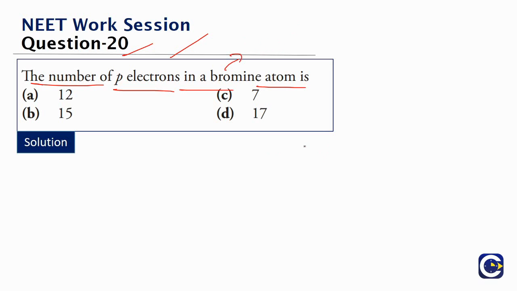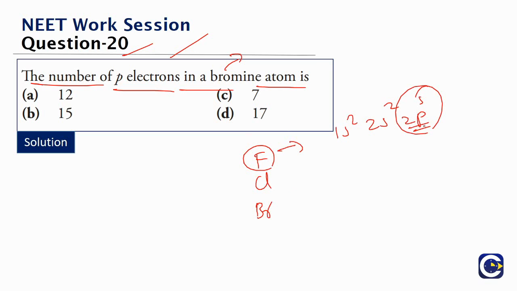First I'll tell you a method that we can use based on the periodic table. In the next chapter, we'll talk about the position of elements in the periodic table. If you look at it, bromine belongs to which group? It belongs to the halogen family. So fluorine, chlorine, then below comes bromine. Fluorine's arrangement is 1s2, 2s2, 2p5, so it will have 5 electrons in the p subshell.